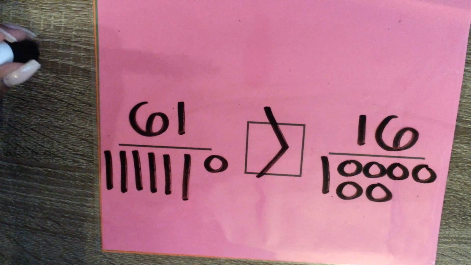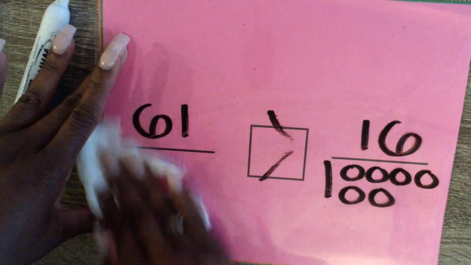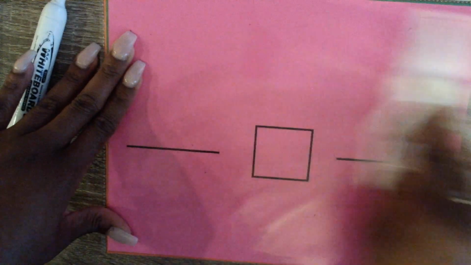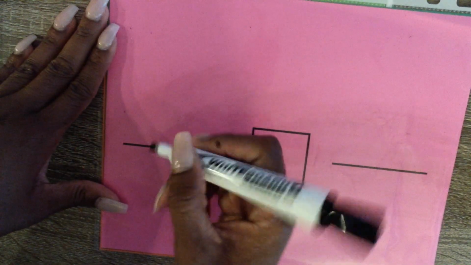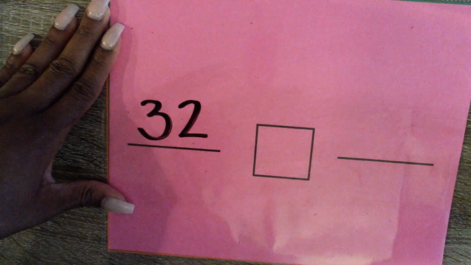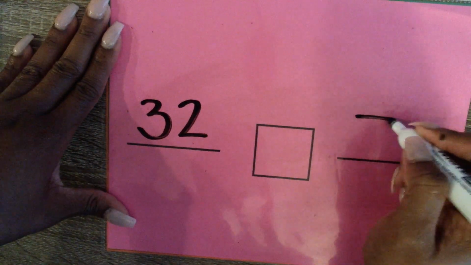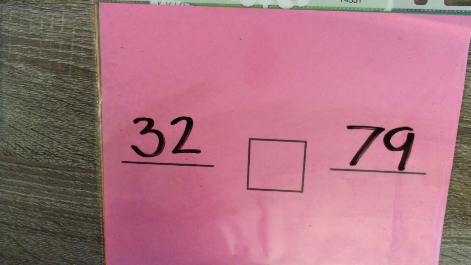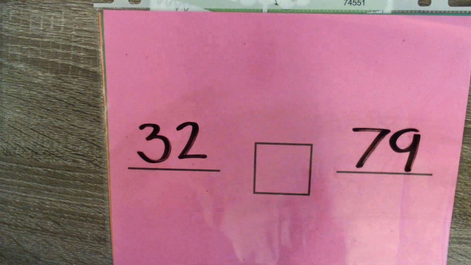All right, let's do a less than problem. I love switching these up. Let's try the numbers 32 and 79. We'll always read from left to right, okay?